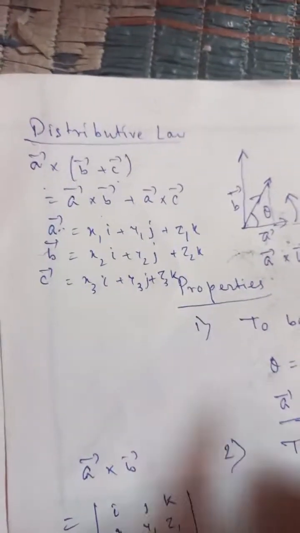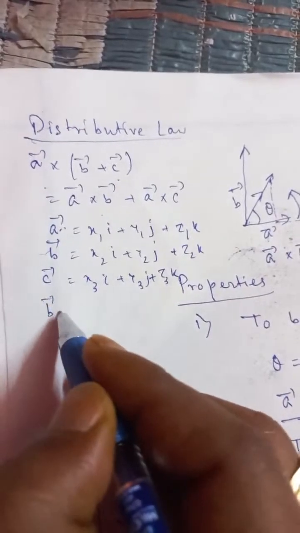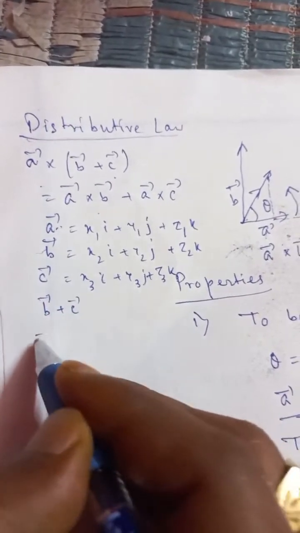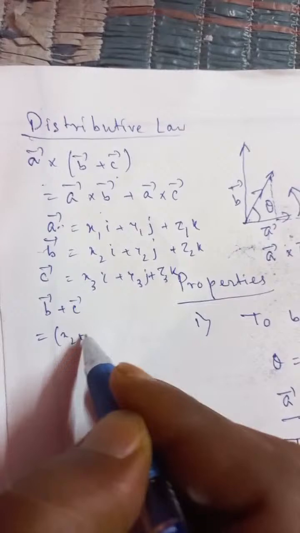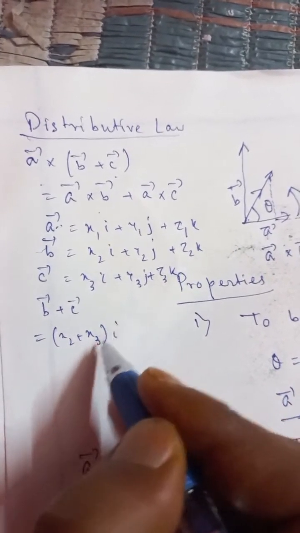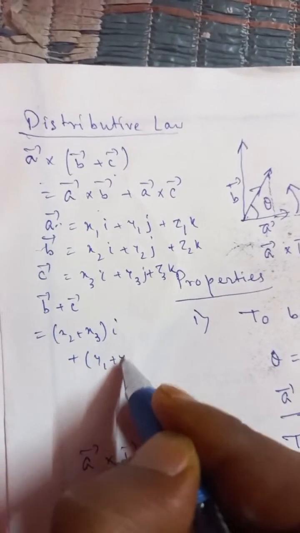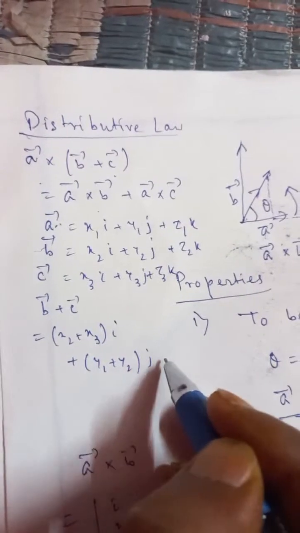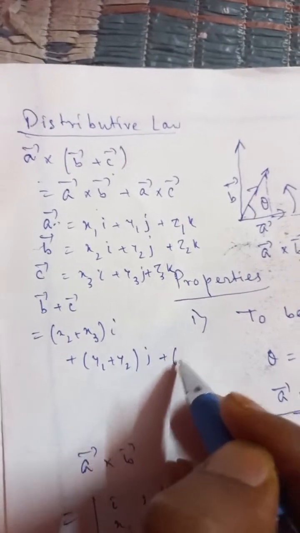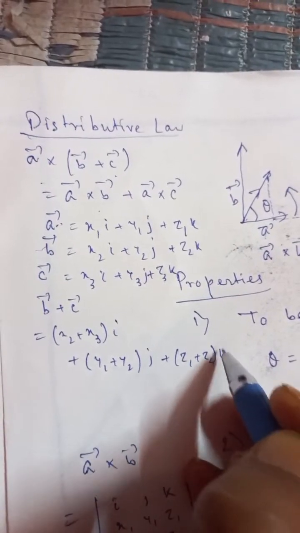So B vector plus C vector will be (x2 plus x3) i plus (y2 plus y3) j plus (z2 plus z3) k.